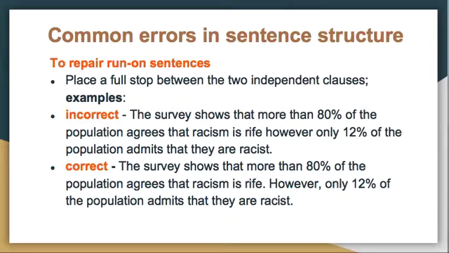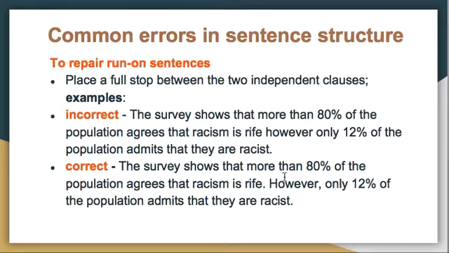To repair a run-on sentence, place a full stop between two independent clauses. This is the strategy that you need to understand and use when going through your writing, so that you can catch the error: always place a full stop between two independent clauses. For example, the incorrect form that I described previously has two independent clauses but is a run-on sentence.